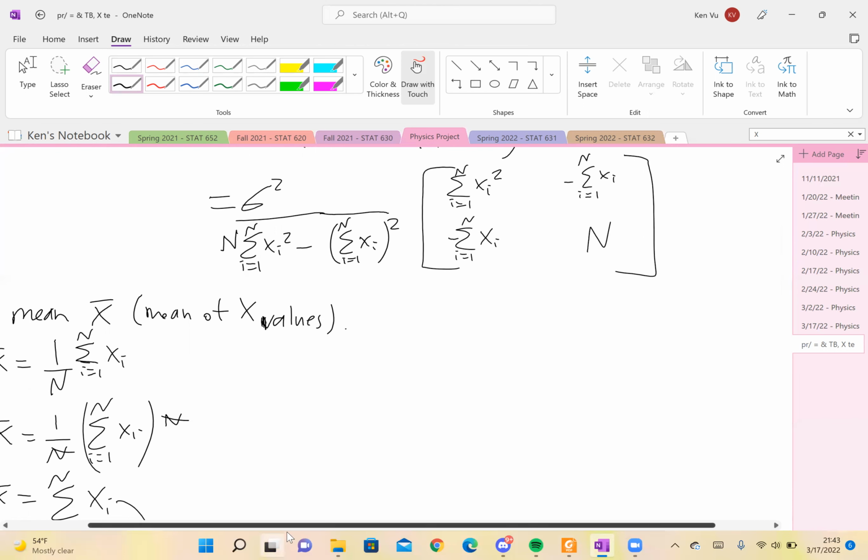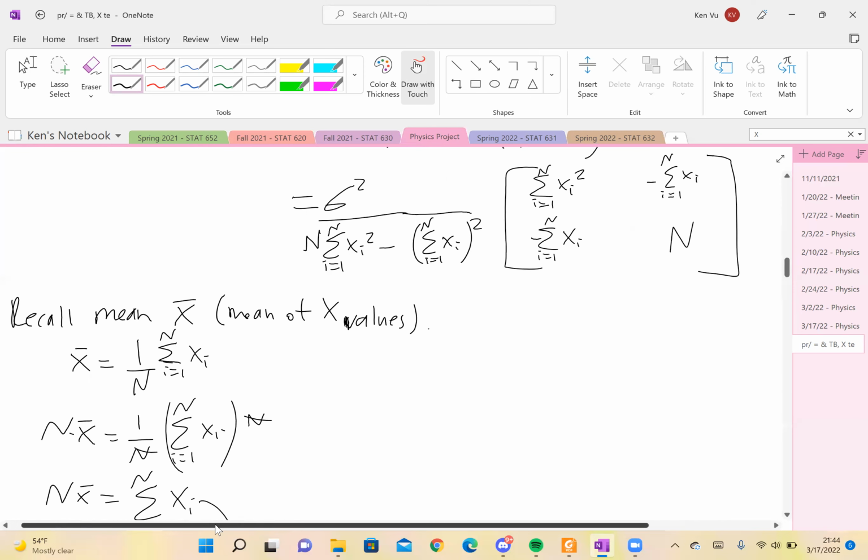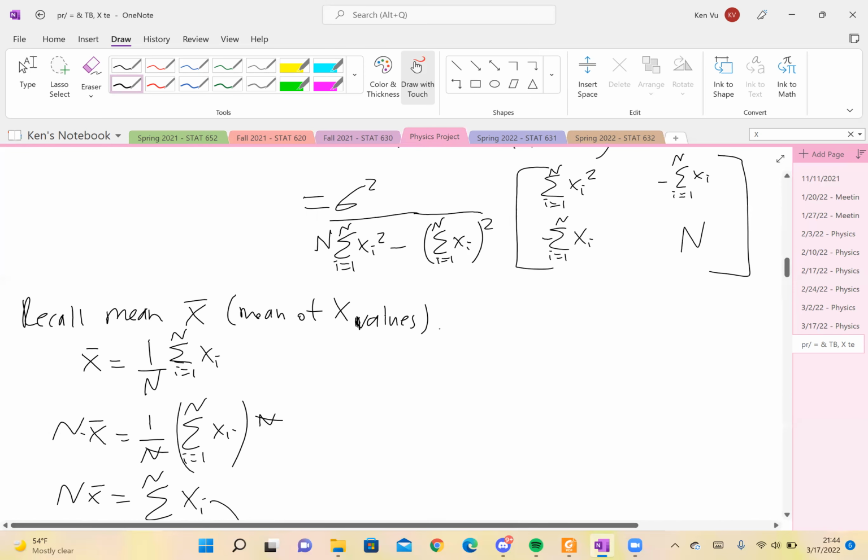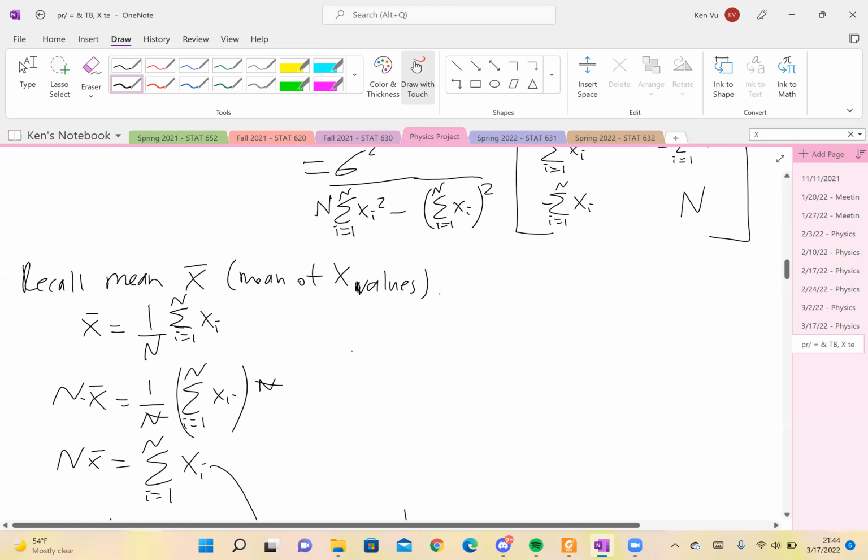However, you can actually rewrite this using the definition of the mean of the x values. If you all remember from your previous stats classes, the mean of the x values, or x bar, is equal to the sum of all the x values divided by the total number of observations, in this case represented by n, right?